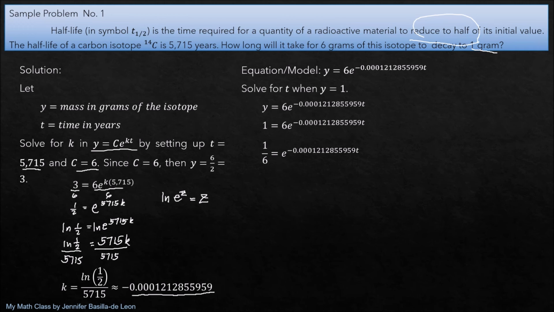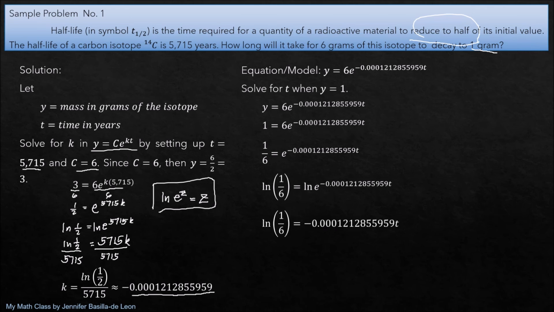Now getting the natural logarithm on both sides, we will have ln 1/6 is equal to ln e raised to the value of k times t, and then applying again this property we will have ln 1/6 equal to 0.00012128555959 times t.